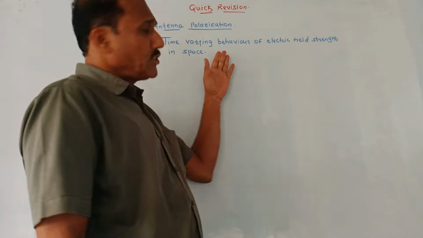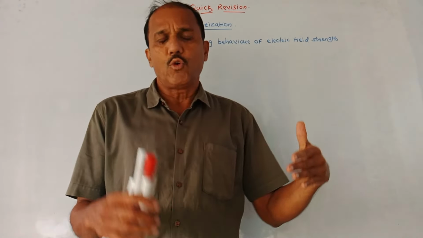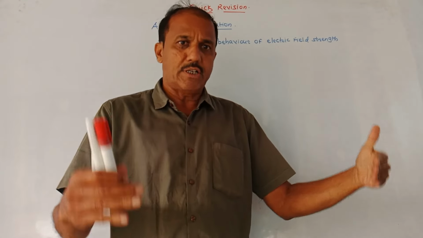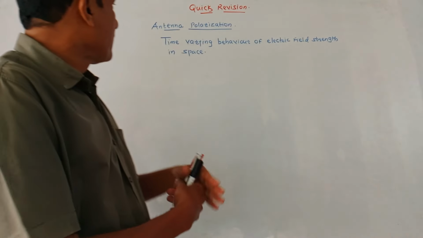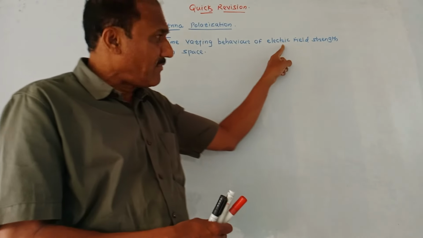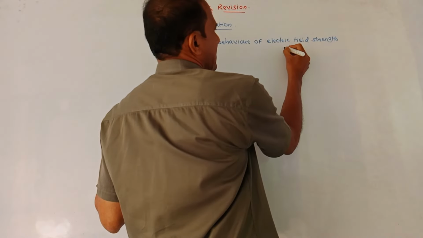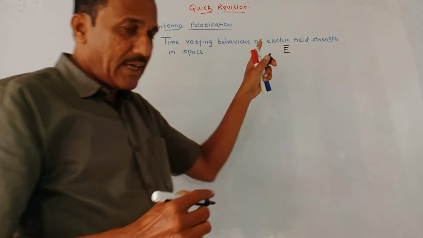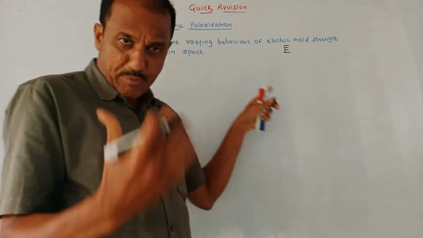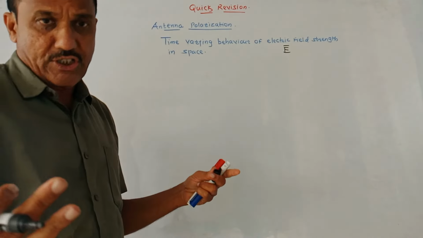The last part of this unit is antenna polarization. From the exam point of view, you may expect a short note on polarization. The definition is the time varying behavior of the electric field strength. We know that electric field strength means E bar. So the time varying behavior of E bar in free space is called antenna polarization.